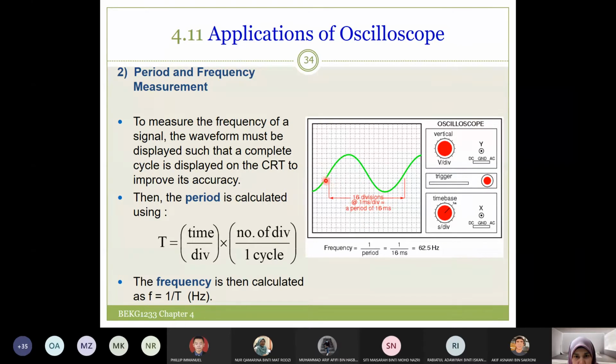If you calculate, there are 16 divisions from 0 until 0 again. So 16 multiplied with 1 milli, we get 16 millisecond. So the period for this signal is 16 millisecond, and then we can calculate frequency. Frequency is 1 over period. 1 over 16 milli is equal to 62.5 hertz. Okay.